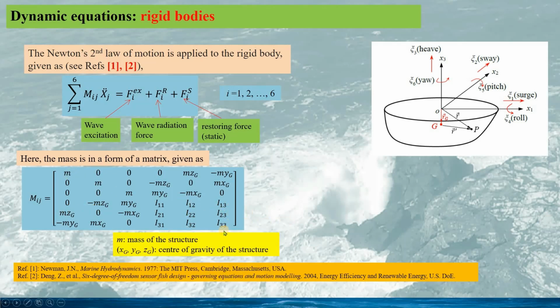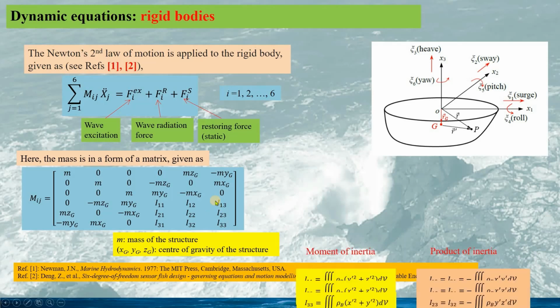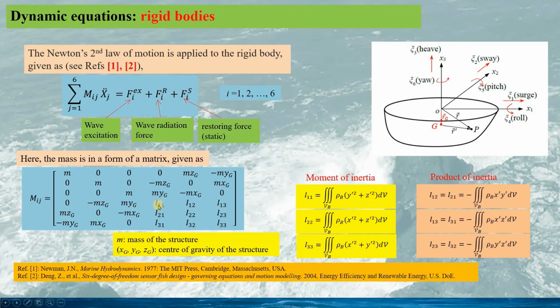Here, m is the mass of the structure, and xg, yg, and zg are the center of gravity of the structure, and capital I11, I22, and I33 are the moments of inertia, and the others, I12, I21, I13, I31, I23, and I32, are the products of inertia.